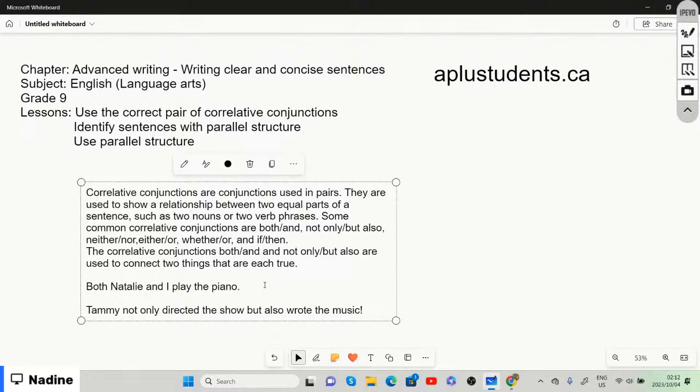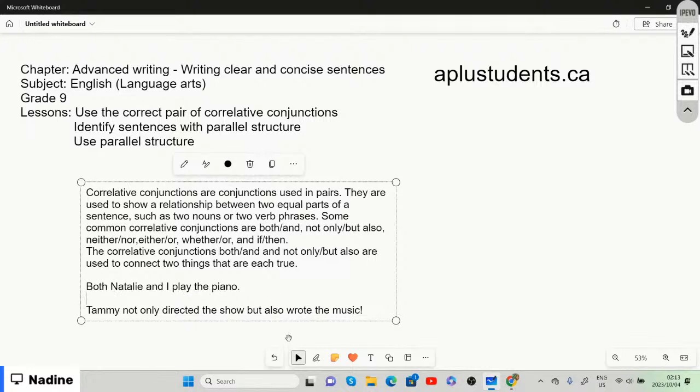And those are two examples of correlative conjunctions. And like I said, the most common conjunctions are probably and, or, but, so. So, both Natalie and I play the piano.